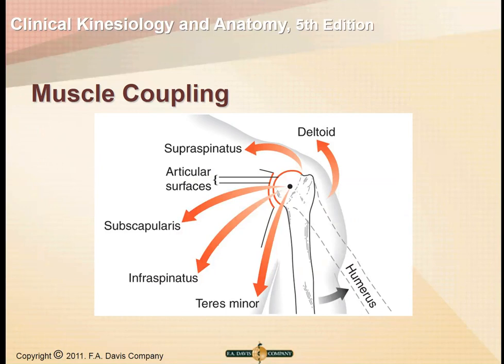So an important point that I wanted to make about this coupled motion: we know that as the humerus is abducted, or you elevate the arm, we get a combination of forces from all of the muscles around the shoulder, particularly the rotator cuff muscles and the deltoids. As the arm is abducted, the rotator cuff muscles will provide that support and stability at the glenohumeral joint.